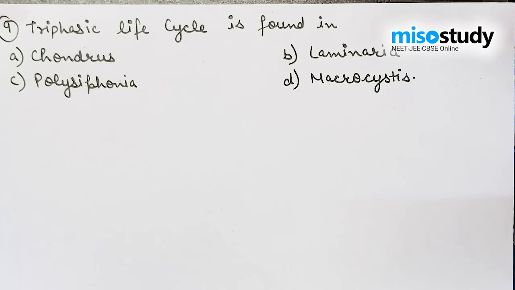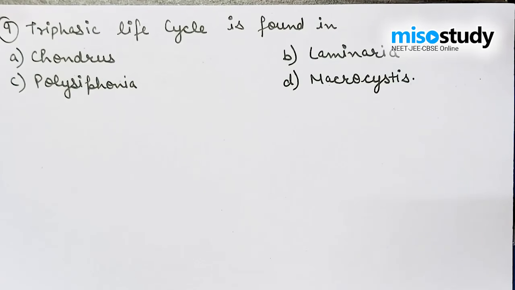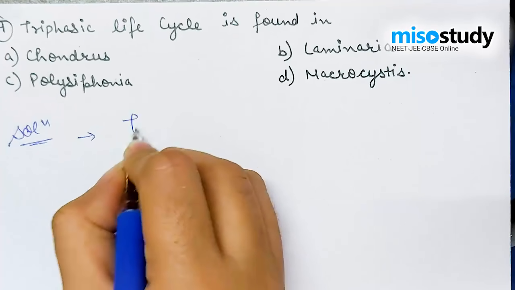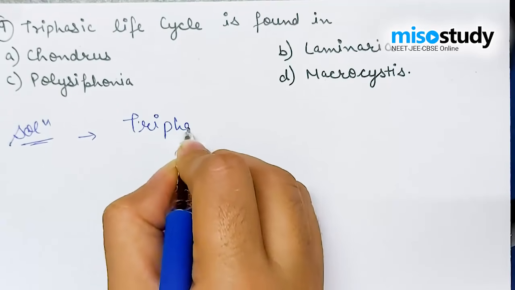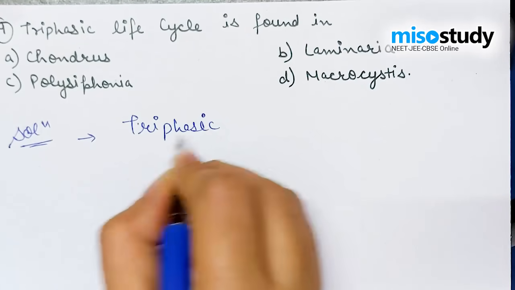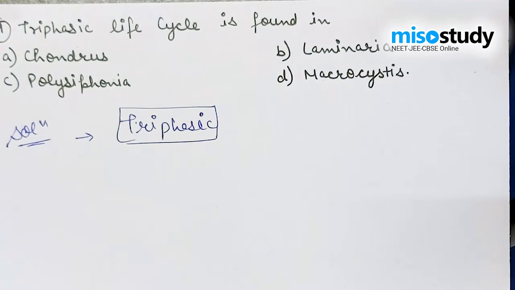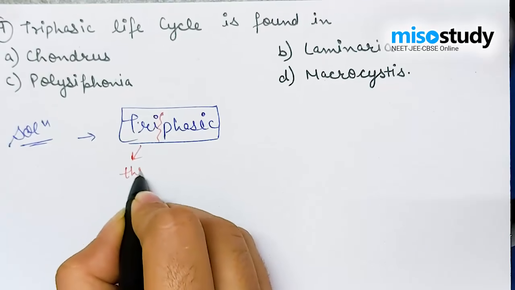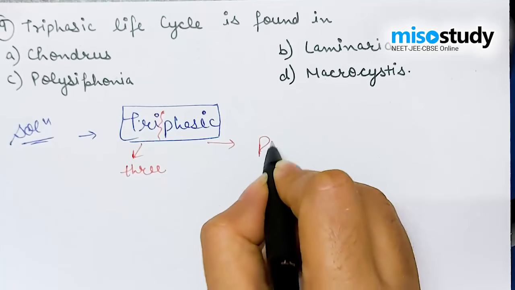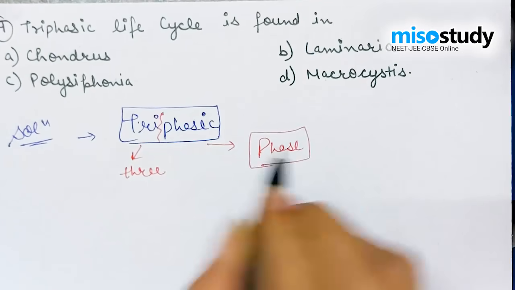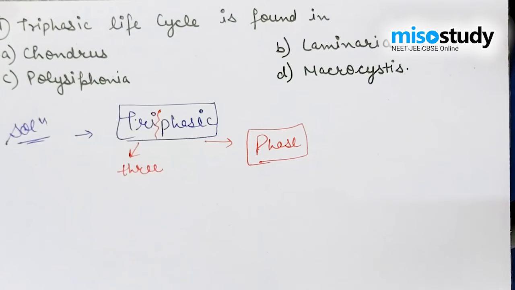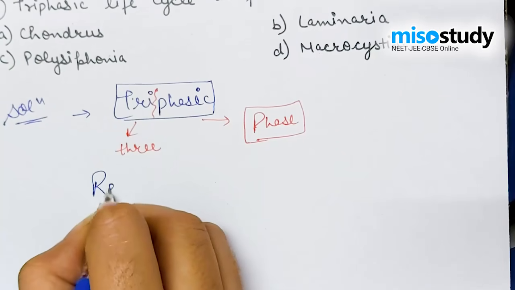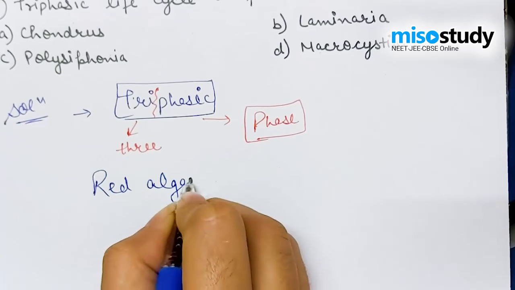When we bifurcate the word triphasic, tri means 3, phasic means phase, in which generally 3 phases occur, and that, out of the options, occurs in red algae.